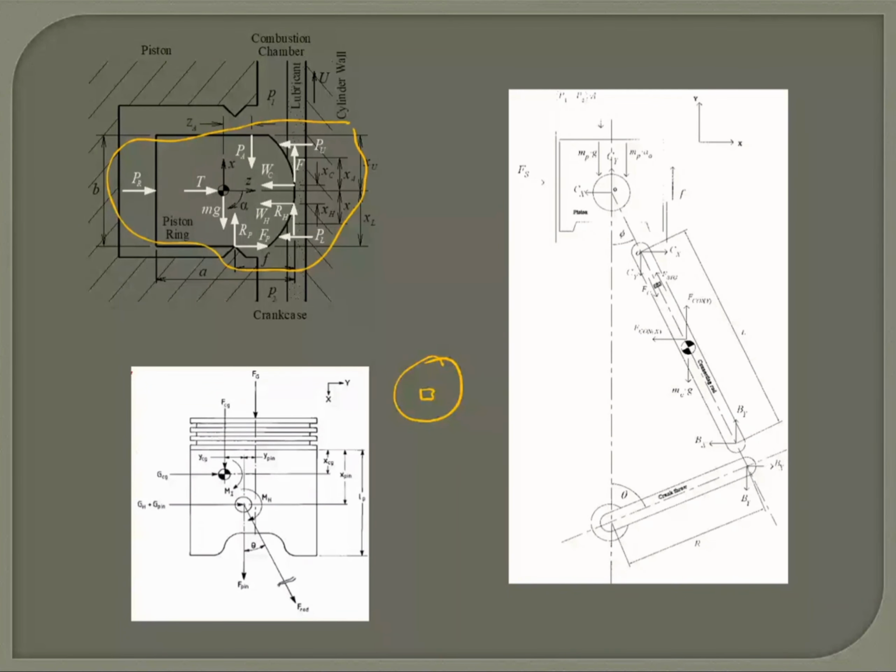So for design purposes, you can see how much detail you have to go into for the analysis. We're looking at all the moments being created at different points, looking at the tilt of the piston ring, which is very important when you're designing pistons. And you do a similar kind of analysis on the engine for designing the connecting rod, bearing and crank pin.